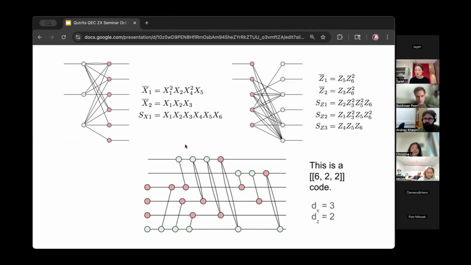Oh, that's a good question. We cannot remove them because in qutrit ZX calculus, if you have a green and a red spider and three wires connecting them, then you can remove them. So it's like mod 3.